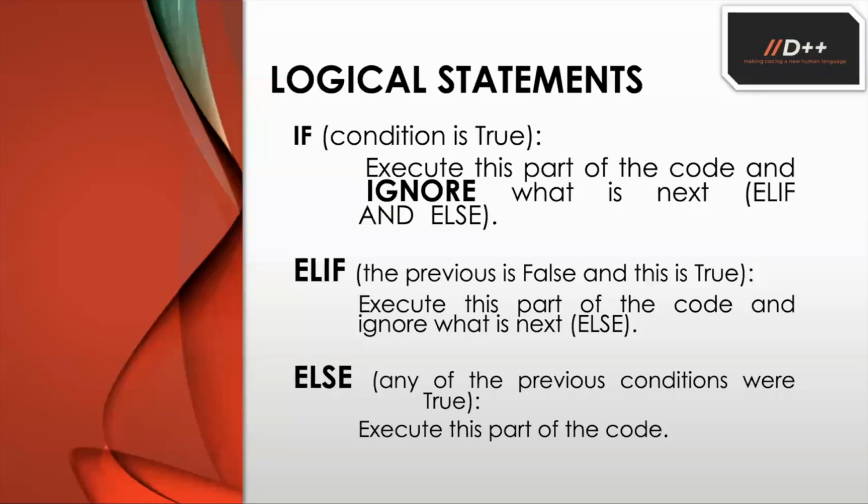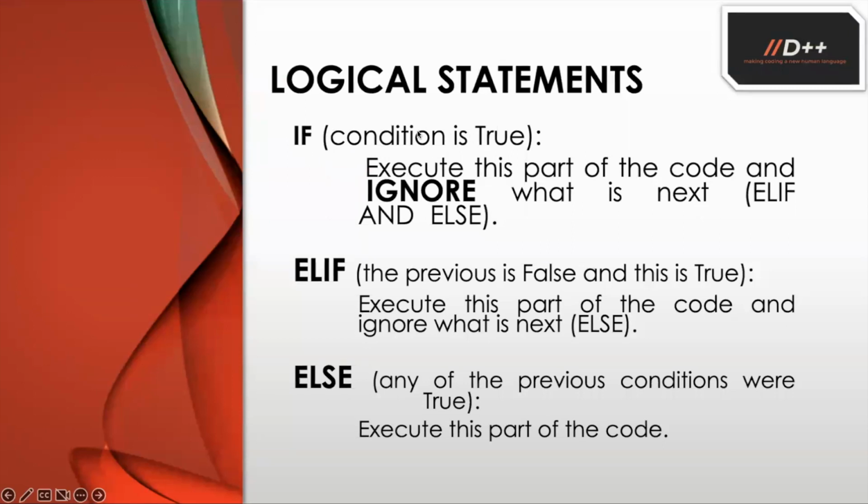So basically, when we work with logical statements, we have this basic structure where we set an initial condition and check whether that condition is true or false. In Python, we define an if statement, which checks for the condition being true.